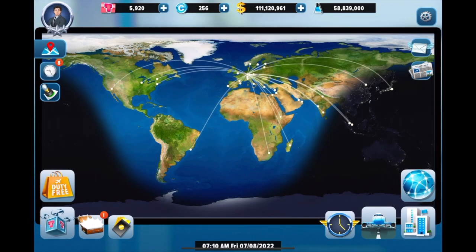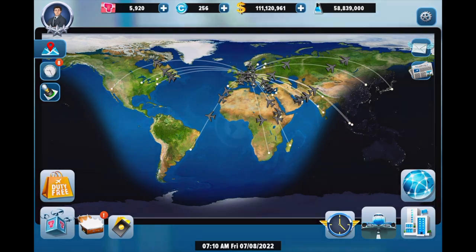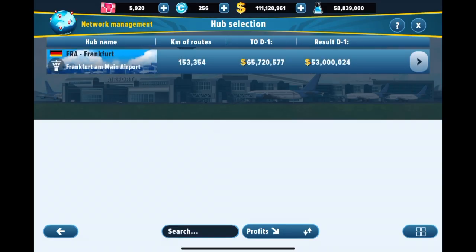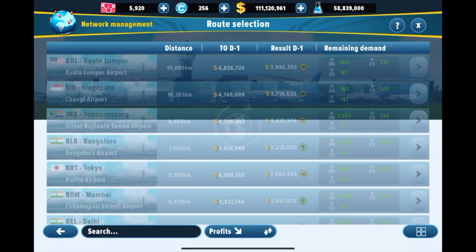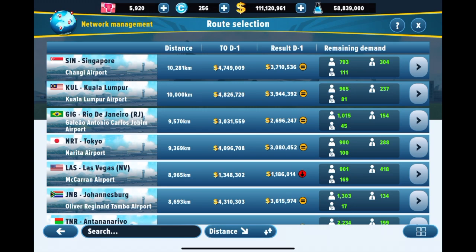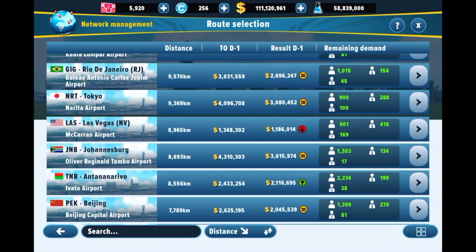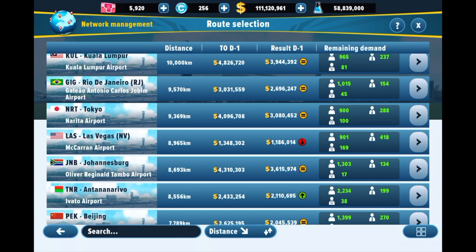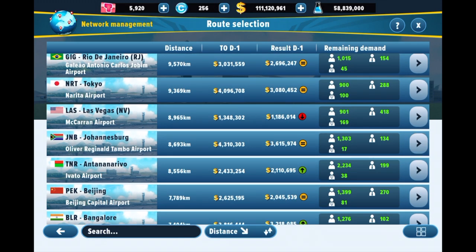It will cover most of our network. So let's see how many routes it qualifies for. Distance 9,000. I think it qualifies from Rio de Janeiro and downwards. Starting with Rio, it has a good amount of demand. Tokyo also seems to be good.